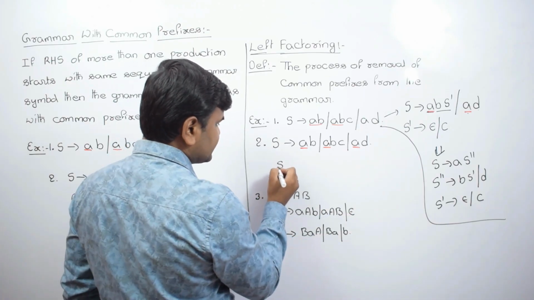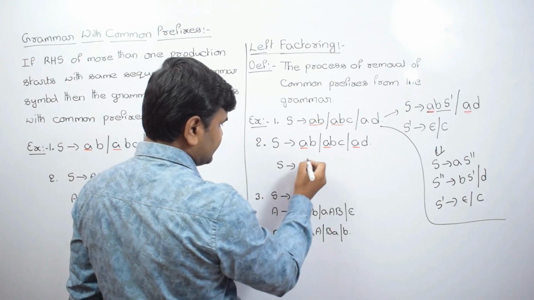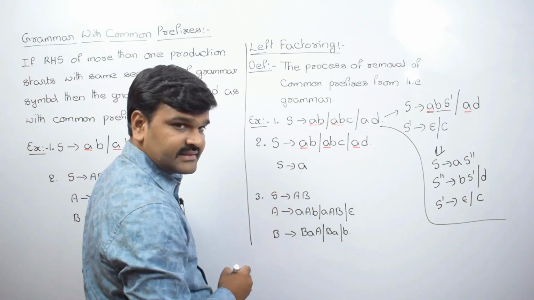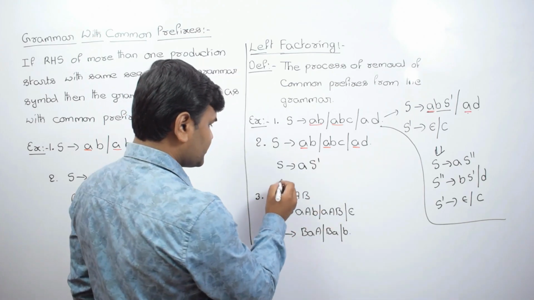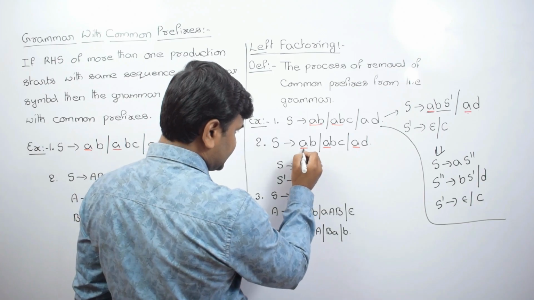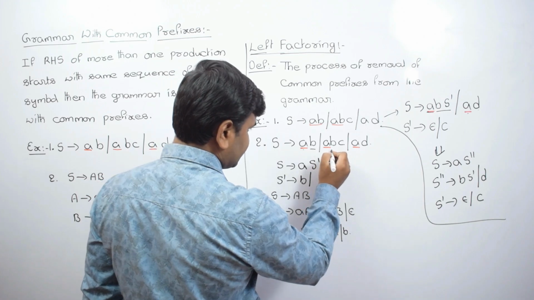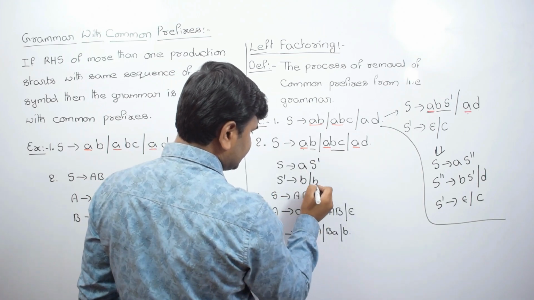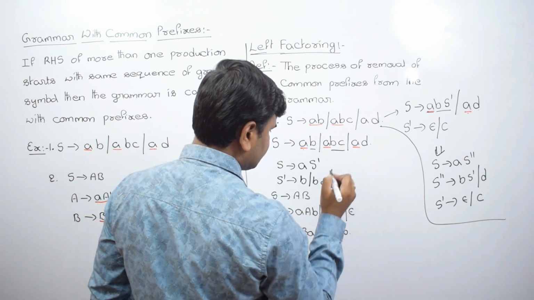S derives the common prefix a and the new variable S dash. What is the meaning of S dash? After the common prefix, b is there, then in the next production after the common prefix bc is there, then here we have d.